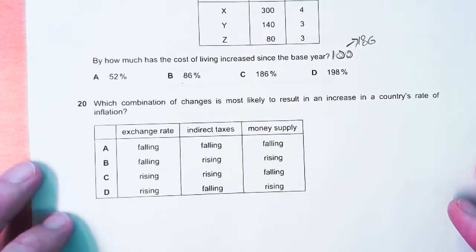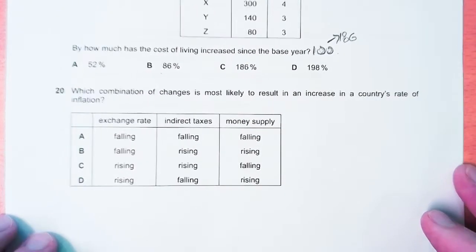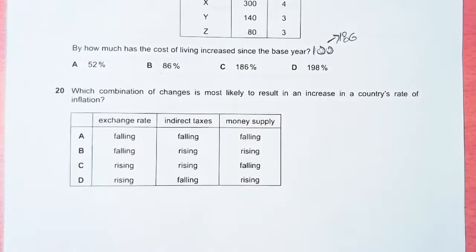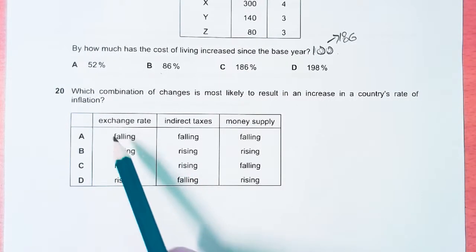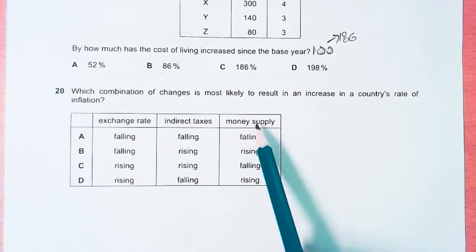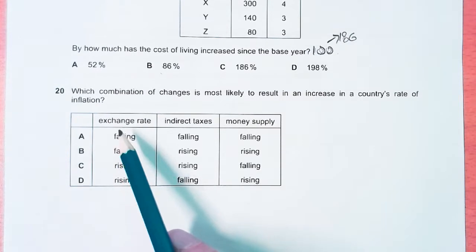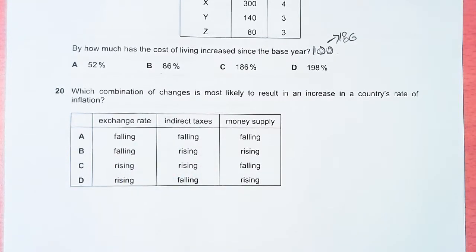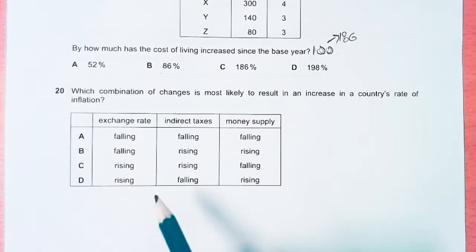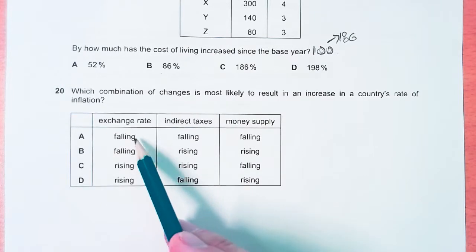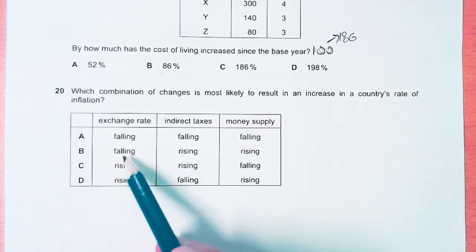Number 20, which combination of changes is most likely to result in an increase in a country's rate of inflation? We can see we've got exchange rates here, indirect taxes and money supply. Just looking at the exchange rate, you consider the depreciation in the pound following the Brexit referendum. That's of course increased import prices into the UK, so I'd immediately be drawn to answers A and B. So we've got a falling exchange rate.